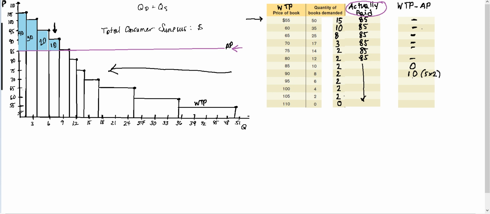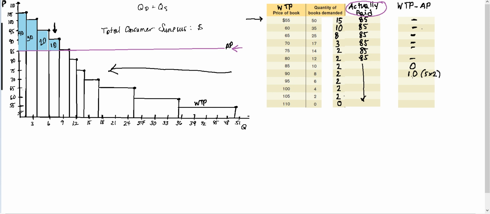And so those 2 were willing to pay 95, ended up paying 85, and so for each one of them, the market generated a consumer surplus of 10. And so we have both of them, the market generated 10, so times 2, we get 20. So I'll just put in parentheses here, 10 times 2.